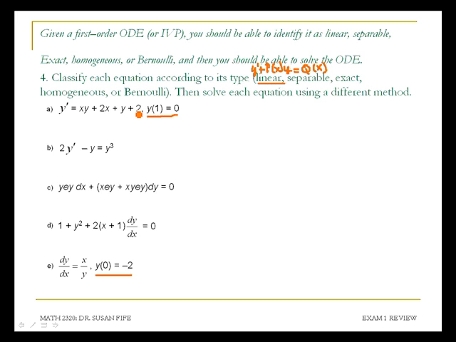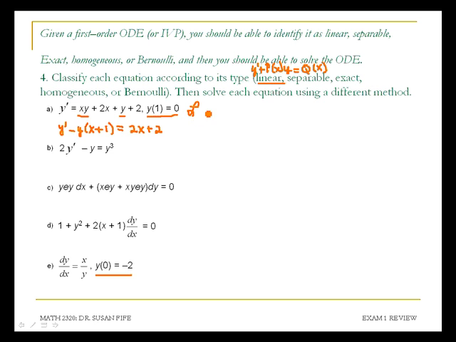So notice that on this first one I could write this in linear form by bringing my y terms over to the left side and then factoring out the y. You've got y prime. When I bring those over, they'll both become negatives, and I'm going to factor out the y to give me an x plus 1, and then I'll be left with 2x plus 2 on the right side. This is linear.